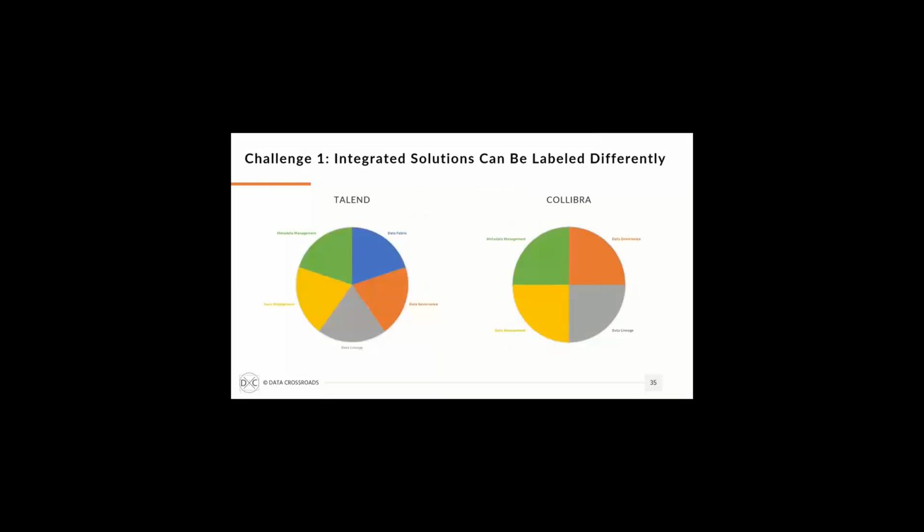Challenge number one is that some solutions can be labeled differently depending on the source. For example, Collibra has been labeled as a metadata management, data governance, data management, and data lineage solution. The same applies to Talend. Of course, these solutions integrate multiple functionalities. It clarifies the difference in labeling.